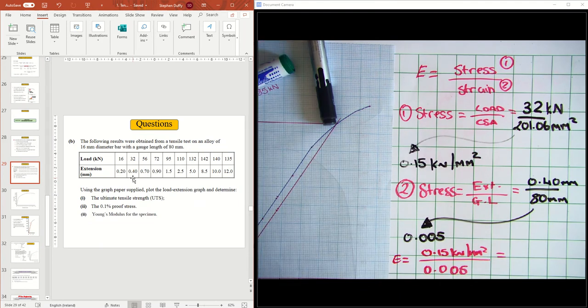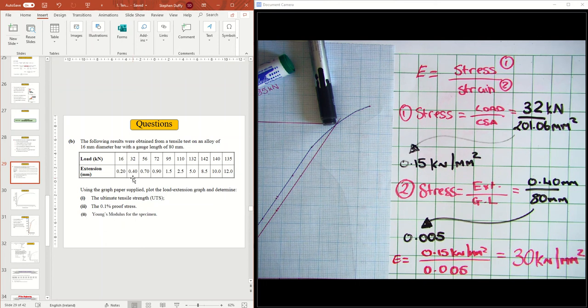So 0.15 divided by 0.005, and we get 30. The value is 30 kilonewtons per millimeter squared. So that's how to calculate the final part, the Young's modulus for the specimen.